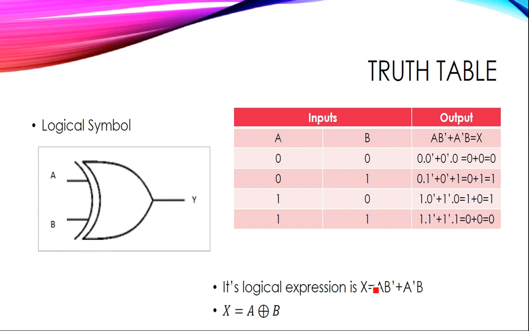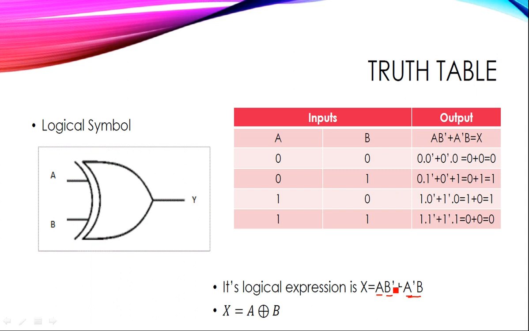So its logical expression is A B bar plus A bar B, because if you consider the output, for 0 0 anyhow the output is 0, but for 0 1 the output is 1. So how do you represent the 0? Here A is 0, right? So that's why we write A bar here, and B is 1, so A bar B. And for A 1 B 0 the output is 1, so A is 1, write down A here, and B is 0, hence writing B bar here.